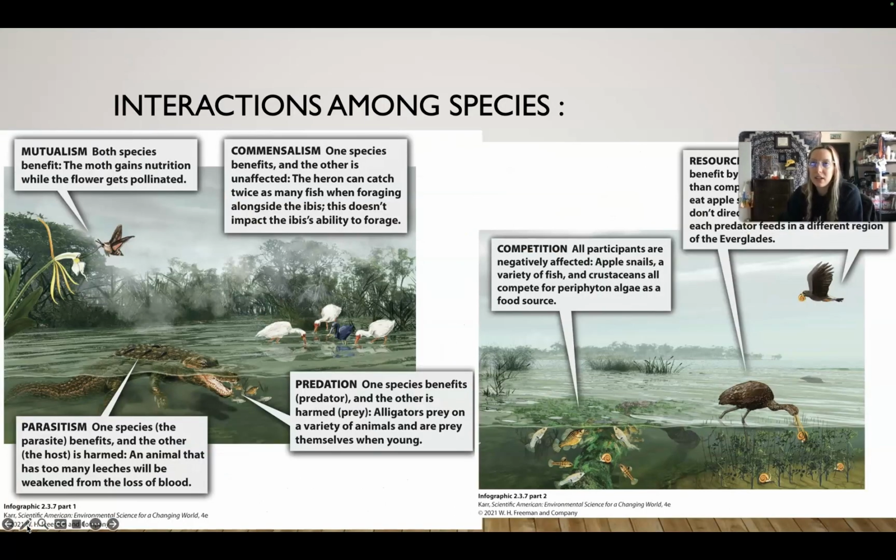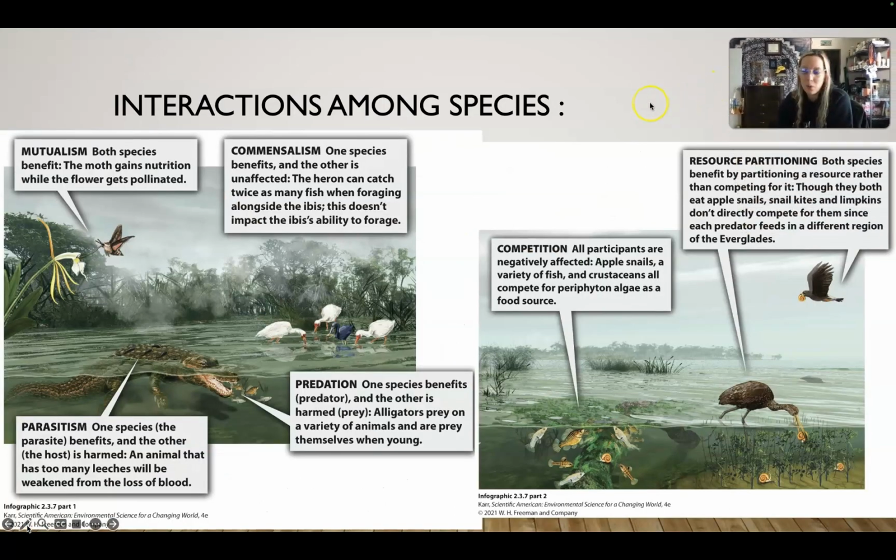The last idea here that I want to touch on for this portion of the video series is looking at interactions among species. So perhaps you've heard of this idea called symbiosis, and that's essentially the four main interactions of symbiotic behavior, so mutualism, commensalism, parasitism, and predation.